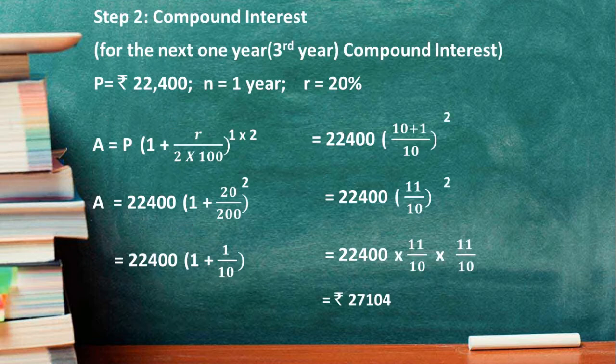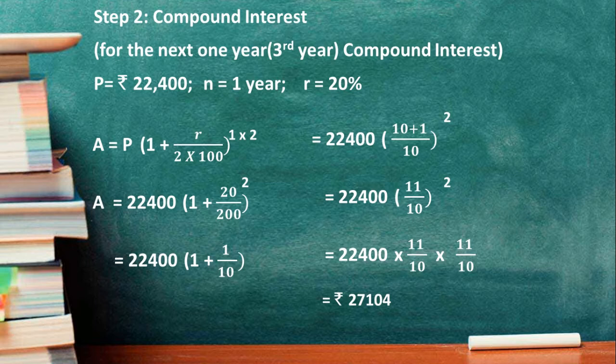So let us move on to step 2. Compound interest for the next 1 year, that is the third year. Principal is taken as 22,400. As the interest is compounded half yearly, the formula we are going to use for 1 year is amount is equal to P into (1 plus R by 2 into 100) whole to the power 1 into 2.